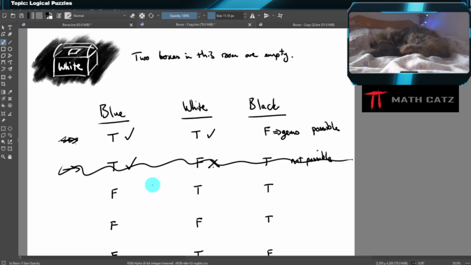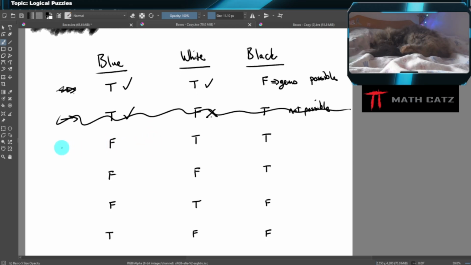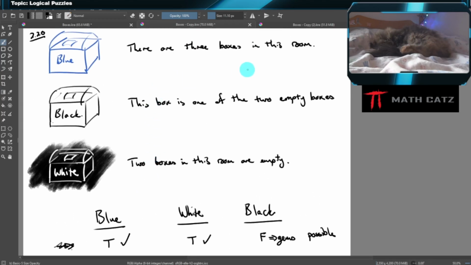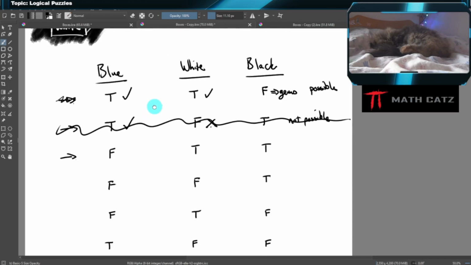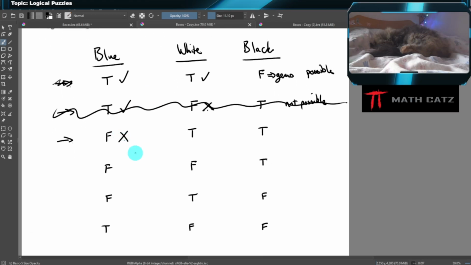But I hopefully noticed that once I get the hang of this, checking each row is going to be super fast. So the fact that there are 6 is not something that I even consider as an issue. Let's check false, true, true. Blue says there are 3 boxes in this room. That's always true because that's the setup of the problem. It cannot be false. So immediately there's an inconsistency, and this scenario of blue saying something false is not possible.